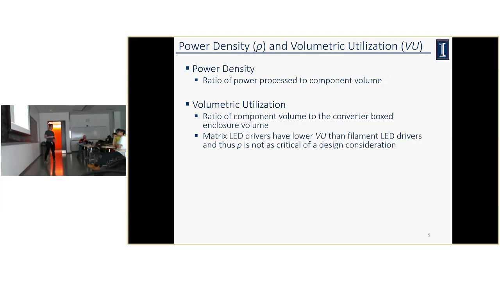So if the component volume of my LED driver is, let's say, 1 cubic centimeter, but the enclosure is 10 cubic centimeters, I want to convey that through this ratio. This is very useful for comparison between the filaments and matrix, because as I said earlier, the filament LEDs have a more strict volume constraint, and this volumetric utilization is what's going to convey that in a quantitative metric.